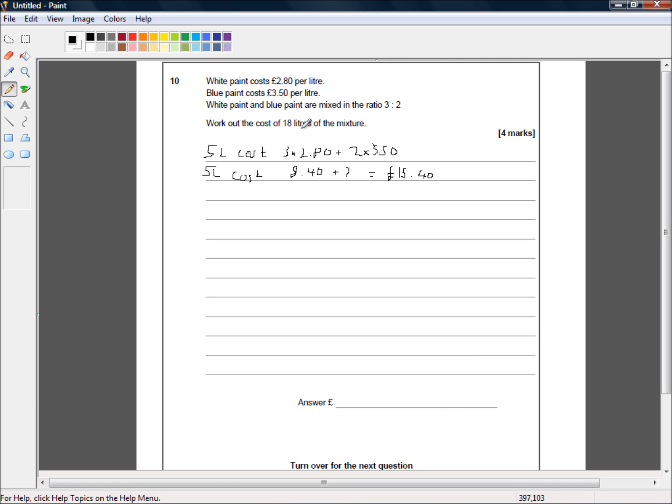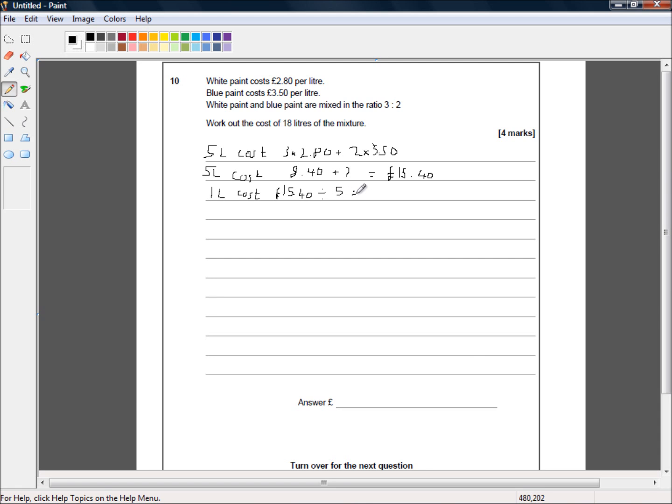So what we need to do now is find out the cost of 1 litre of this mixture. So that's simply a case of taking the £15.40 and divided by 5. So 1 litre costs £15.40 divided by 5.